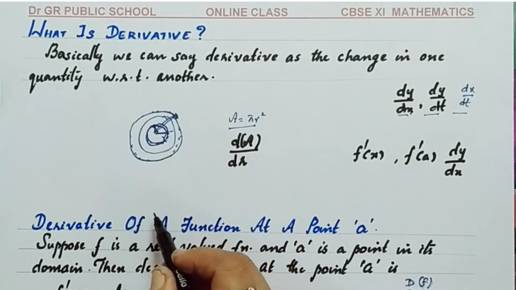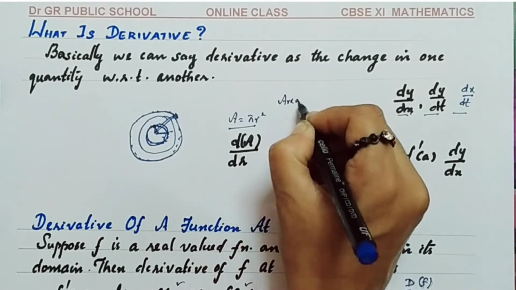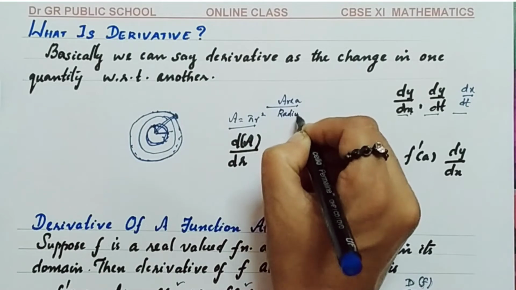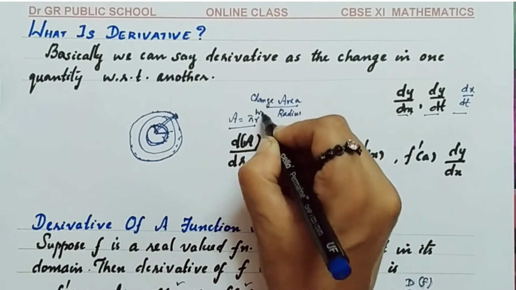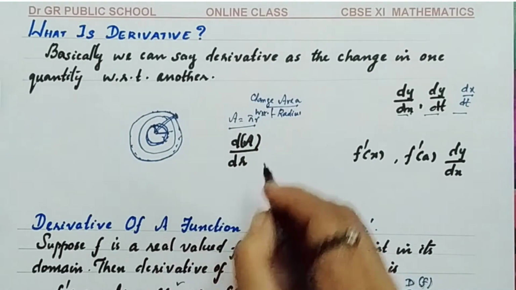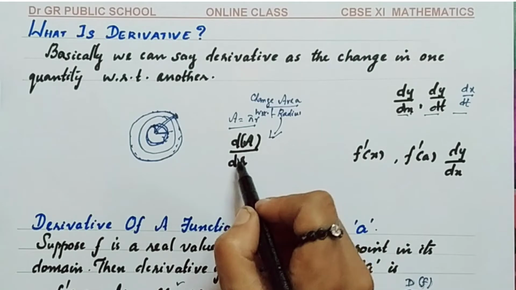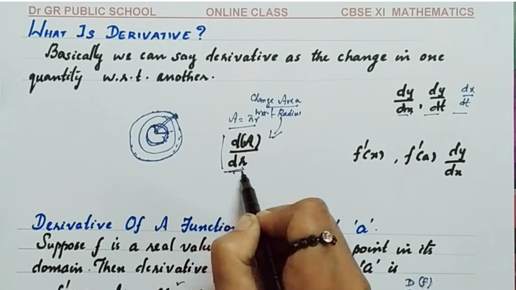In this case, you can say that the change in area with respect to the radius can be represented as dA by dr, which means the rate of change of area with respect to the radius.